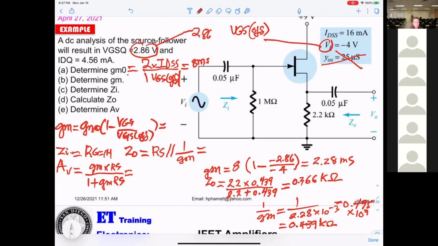If you take the reciprocal of that, wouldn't that be 438.6? Yes, which is equal to 0.439 kilo ohm. The thing is you're using RS in kilo, so these two have to be the same. Okay, I see what you're saying. Got you.